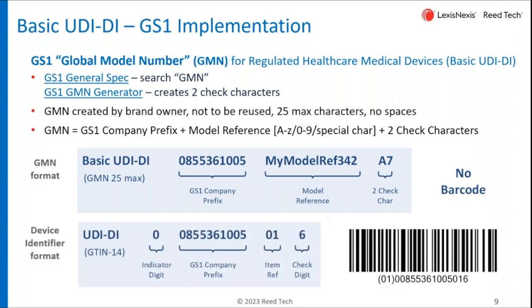So as a real quick comparison between a basic UDI DI and what you are very familiar with, maybe a GS1 GTIN-14, for example, for a UDI DI, you see the GS1 company prefix is repeated, but the indicator digit is not present in the GMN. The item reference that you're familiar with in a GTIN-14 is replaced in concept by the model reference number. It's not one and the same.